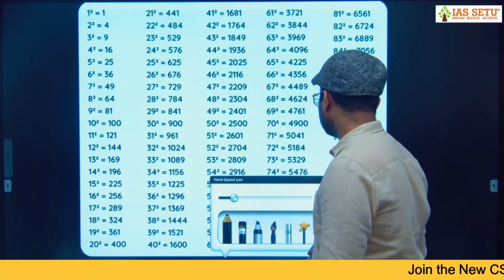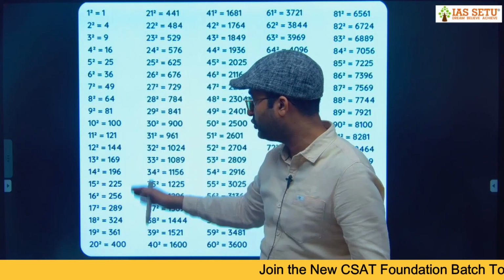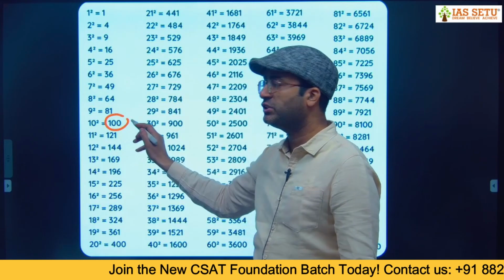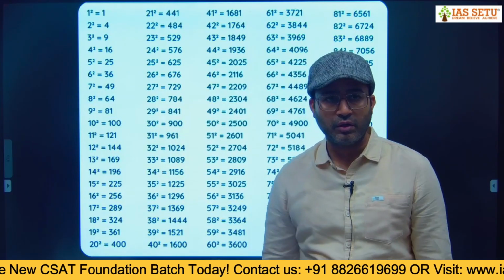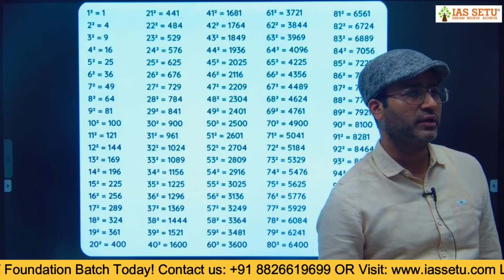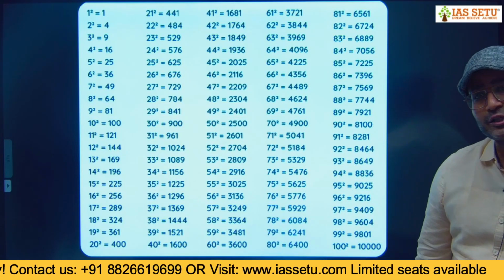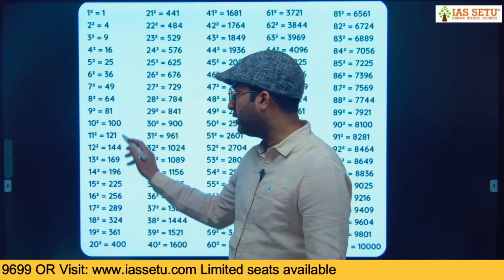Now here what you have to observe, in this squares value, means right side, which are perfect square values. Like here 100. So tell me, out of these perfect square numbers, where are the last two digits same? Start from the starting. 100.